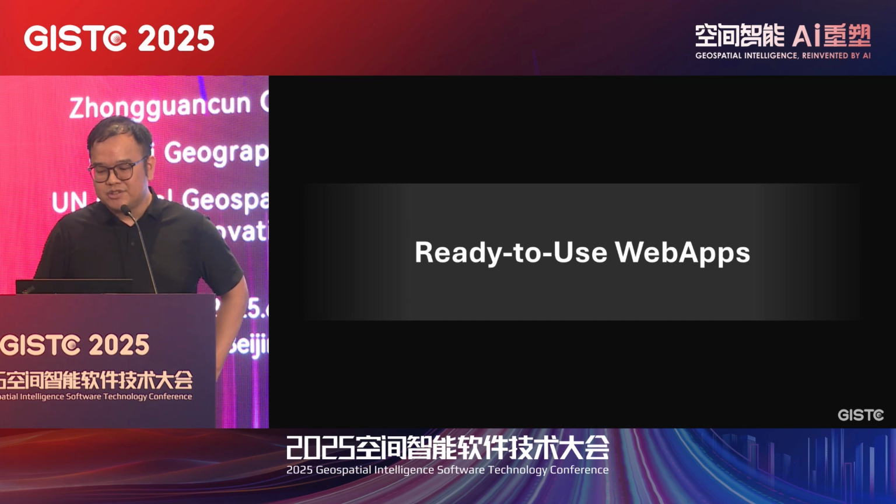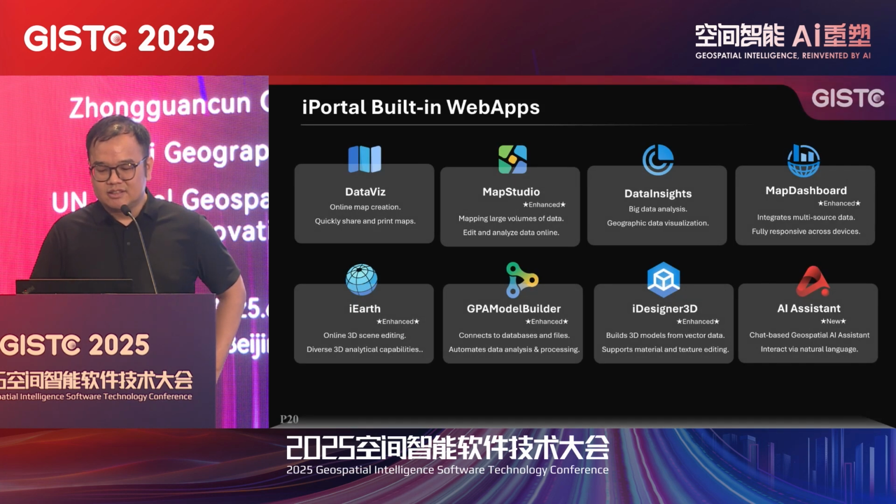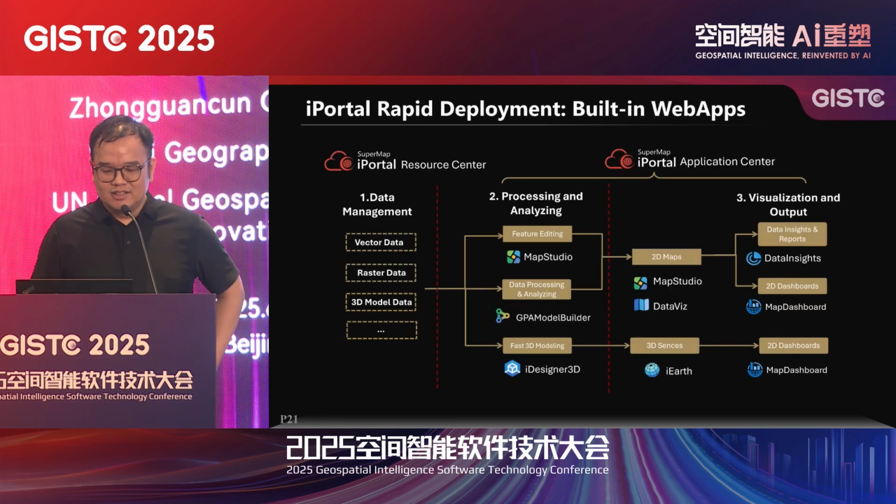Now I want to introduce one of the core highlights of iPortal, which is that we have many ready-to-use web apps we offer with the platform. Our platform comes with 8 built-in web apps, each designed for different user groups to meet their different demands. These apps cover all 3 main stages of a common workflow.